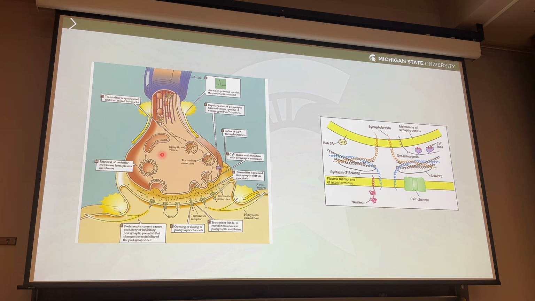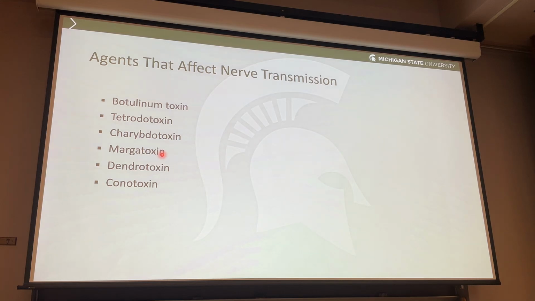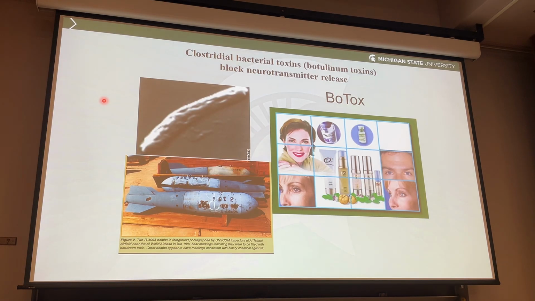Okay. So last bit, a number of agents affect neurotransmission. Here's the list: botulinum, tetrodotoxin, carbatoxin, margatoxin, dendrotoxins, and conotoxin, and their origins here. The most popular one, although it's falling out of favor in certain areas, is Clostridium botulinum, a bacteria that produces a toxin able to block neurotransmitter release.